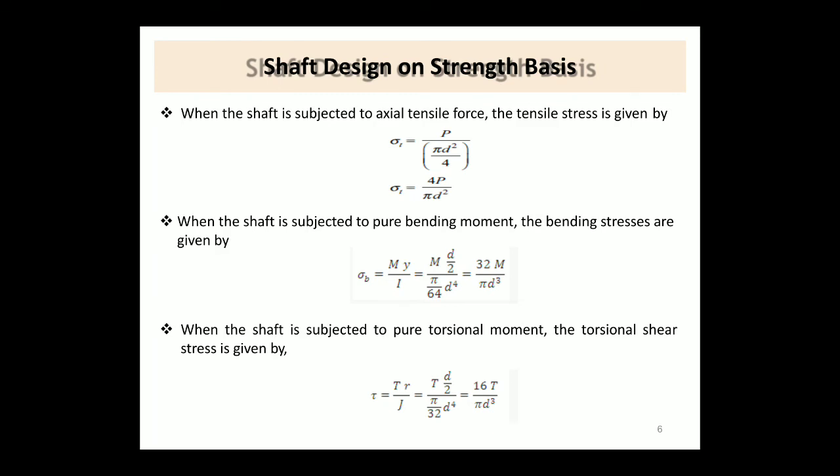So, in the next session, we will see the design of shaft on the strength basis, as there are some causes of failure in shafts and axles. Shafts and axles usually fail due to fatigue.